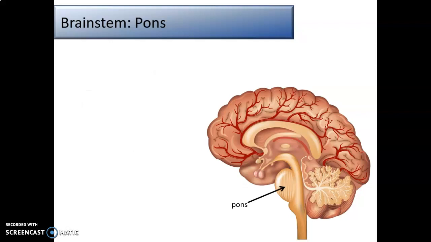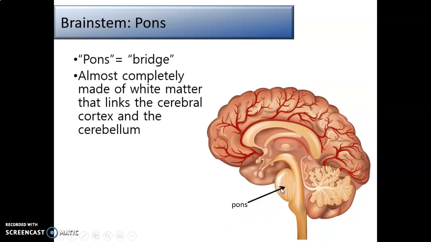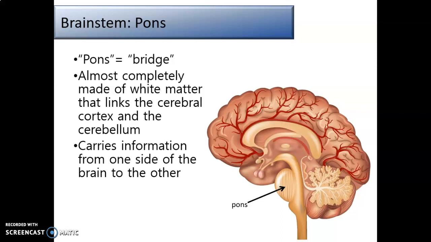The pons. The pons is this bulb area right here, and pons basically just means a bridge. It is almost made of white matter that links the cerebral cortex to the cerebellum. So it's what bridges the gap between both sides of the hemisphere, and it carries information from one side to the other. It is also your central control for breathing.